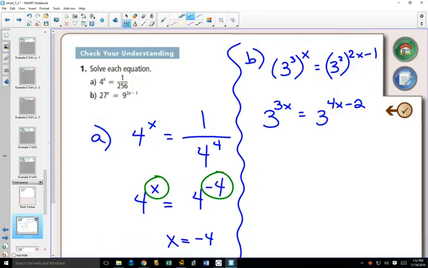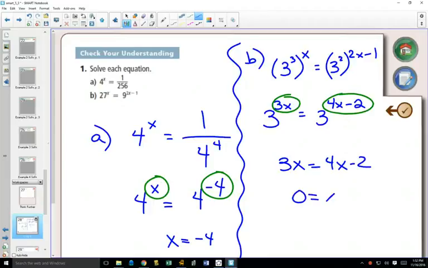And once you have both sides with the same base, then these exponents have to equal each other. So 3x has to equal 4x minus 2. Move the 3x over. Move the 2 over. And x is equal to 2.